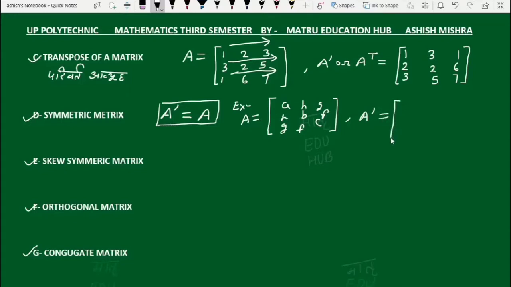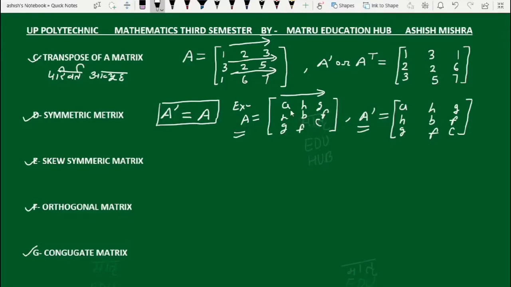Now find A dash for this. We have to change rows into columns, giving a h g, h b f, g f c, same as A. This matrix is known as a symmetric matrix.